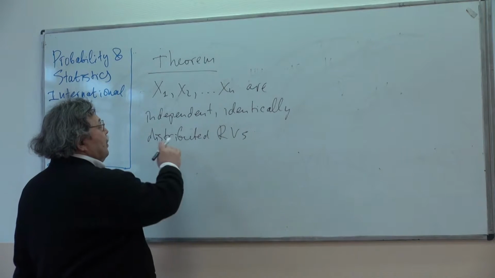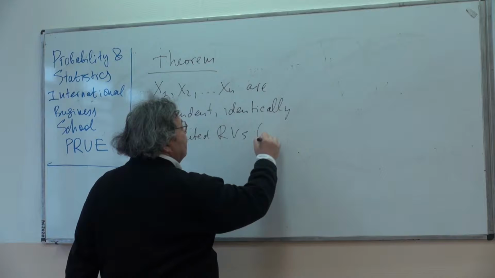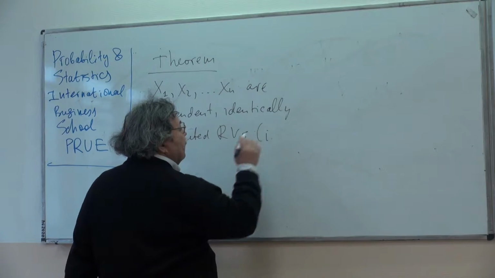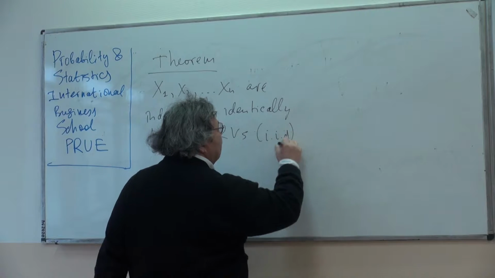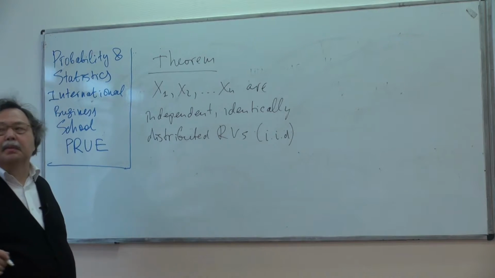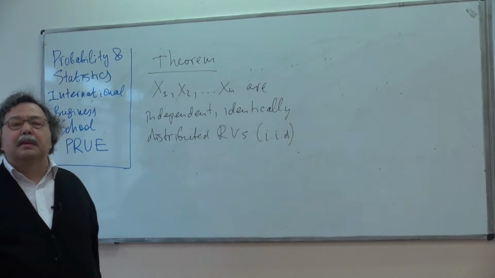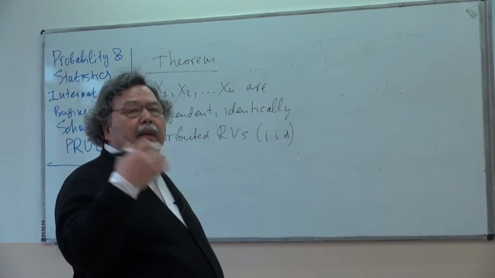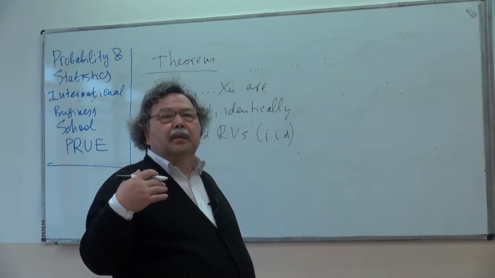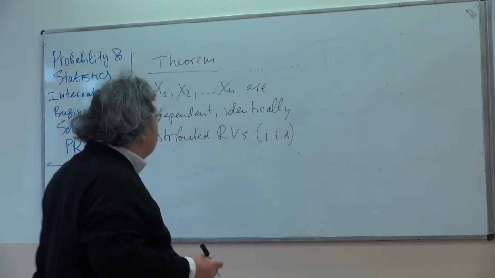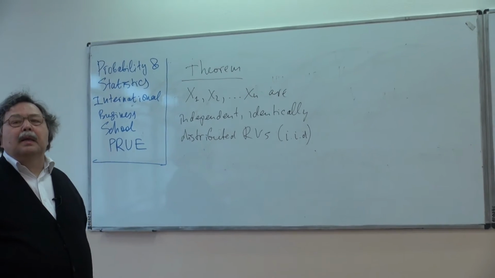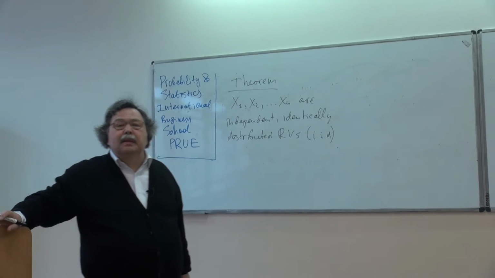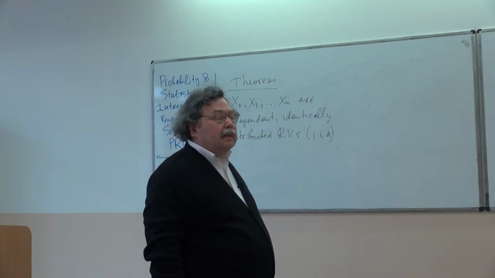Now, there is a notation for it: IID, independent identically distributed, because in probability theory and statistics, we often introduce this condition. So suppose x1, x2, ..., xn are first independent and second identically distributed.